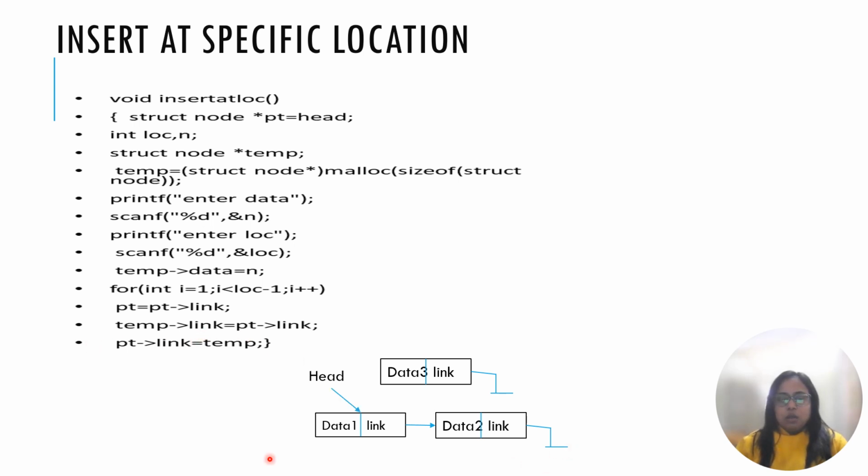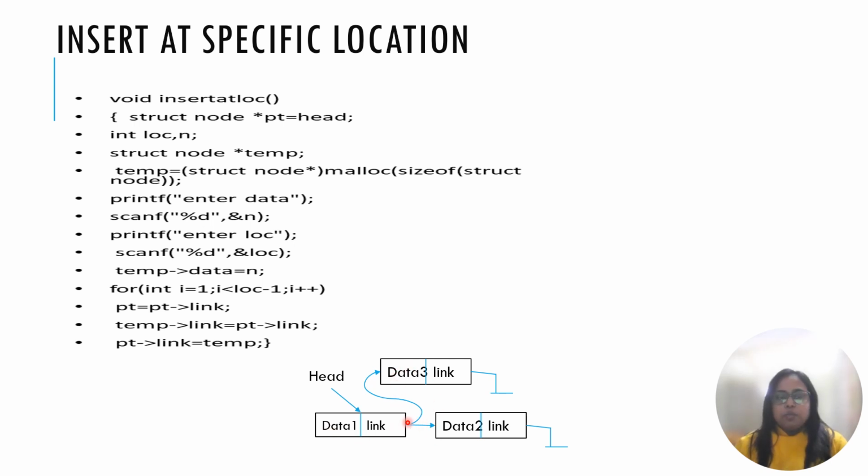Suppose now this is your temp, and location minus 1 means this one. If you want to insert at the second position, pt will go up to the first position. So this is your first position.